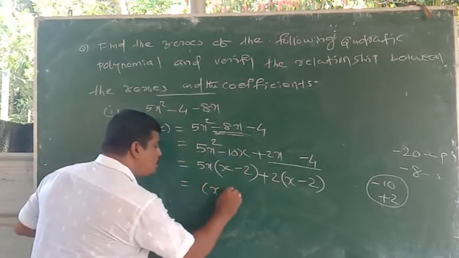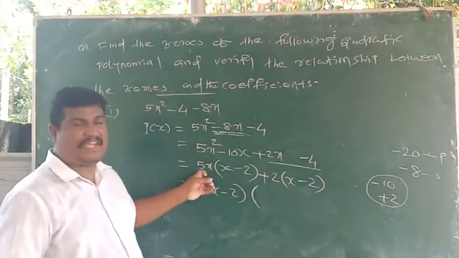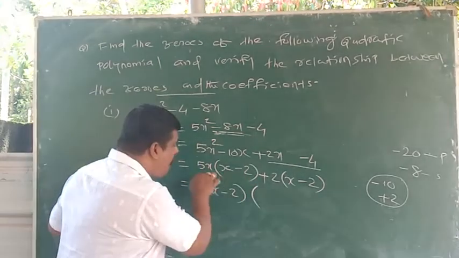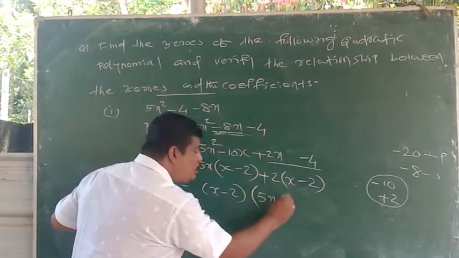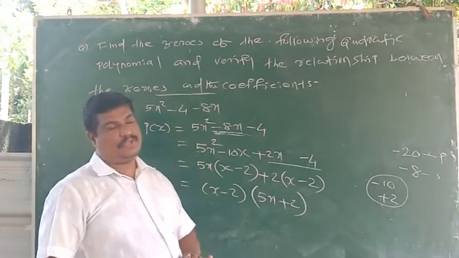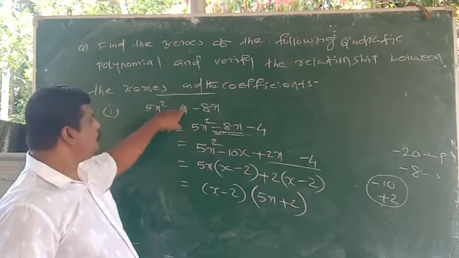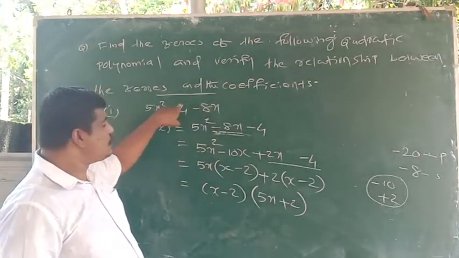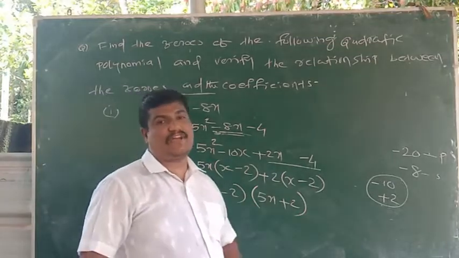Then what is the balance here? 5x and 2. So x minus 2 into 5x plus 2. So 5x square minus 4 minus 8x is the polynomial. Its two factors are, one factor is x minus 2 and the other factor is 5x plus 2.